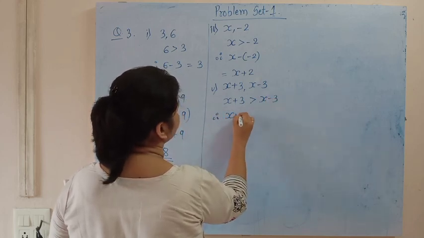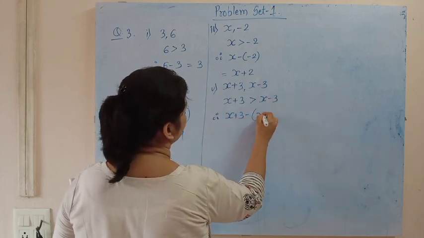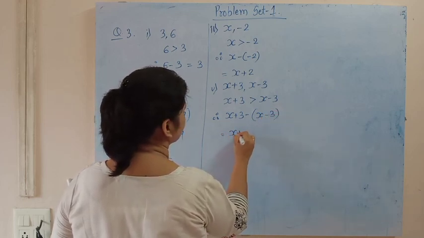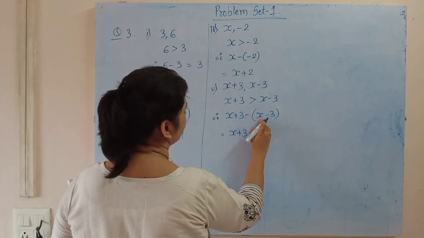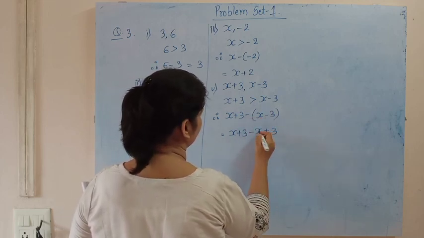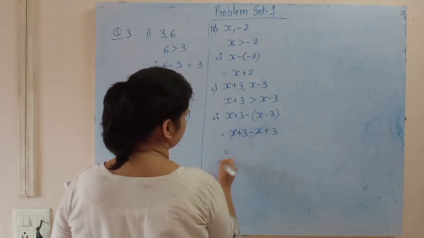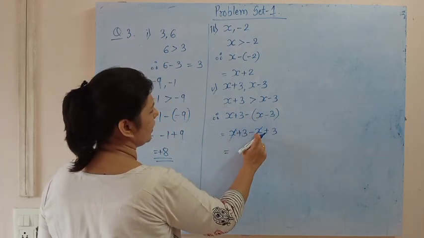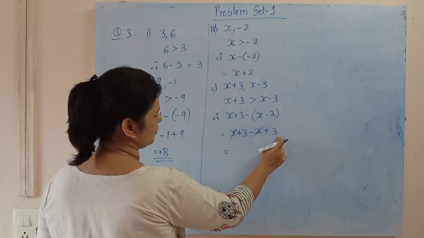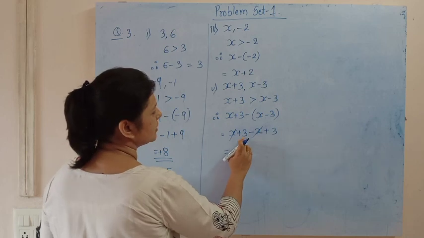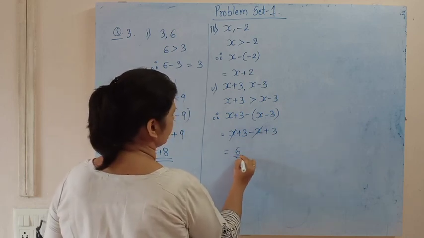Therefore, x plus 3 minus x minus 3 is equal to x plus 3 negative x, negative into negative positive 3. x gets cancelled. Are you getting this? 3 plus 3, that is 6.